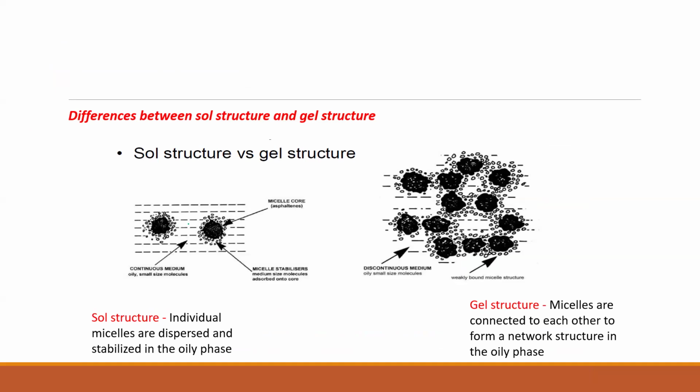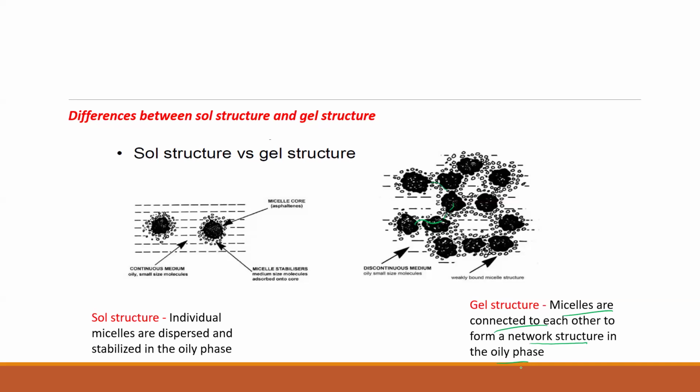But in the gelatinous structure, do you know gelatin, jelly? These micelles are connected in the gel structure. It has a network connected to each other. The micelles are connected to each other to form a network structure in the oily phase. So that's the difference between the sol structure and the gel structure.